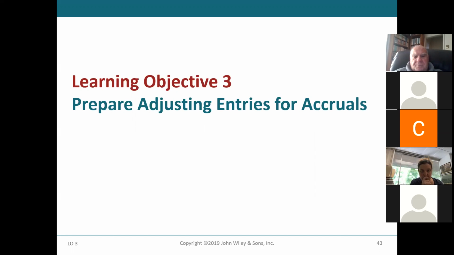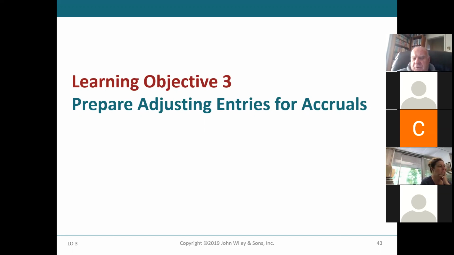Prepare accruals. Now, we said there were two types of adjusting entries, deferrals and accruals. The deferrals are your prepaid expenses and unearned revenue. And true or false, prepaid assets are the same thing as unearned revenue. True, depending on what side of the transaction you are. Now we're going to talk about accruals. Let me just back up to deferrals one more time.